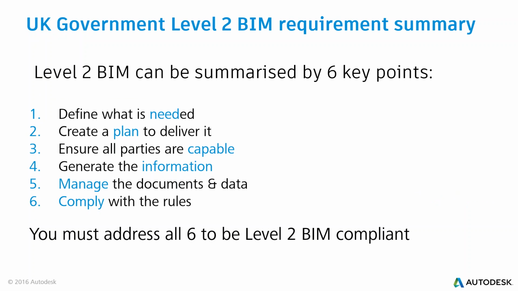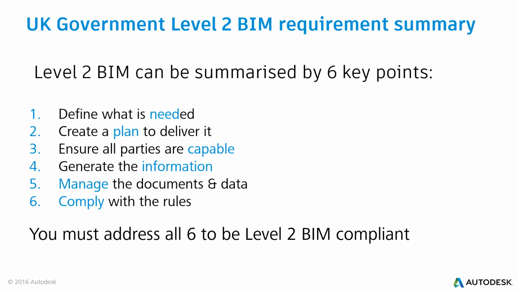So what is BIM Level 2? There's lots of documents that are available for this to tell you more detail of the exact hows and whats. But it can be summarized probably with 6 key points. Defining what's needed originally, and then creating a plan to be able to deliver it, making sure everyone's capable of doing that, generating that information, which isn't just 2D, 3D, and those kind of design documentation.